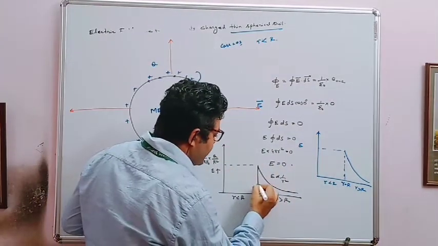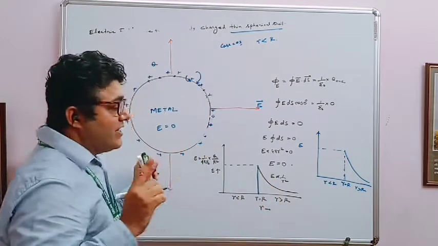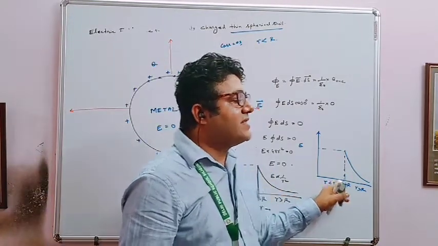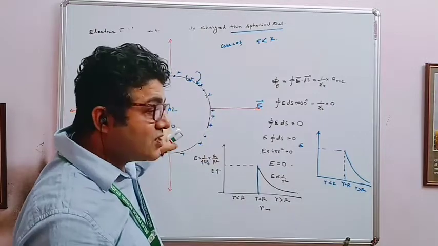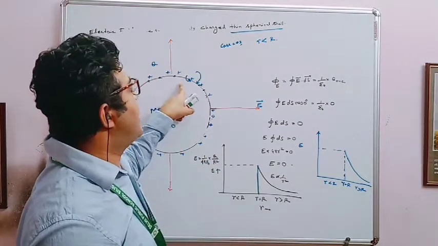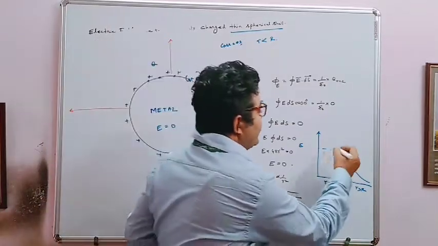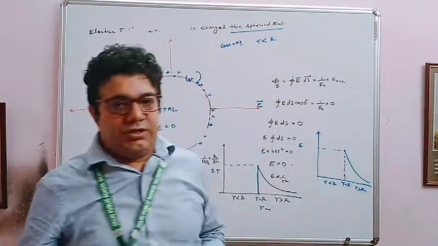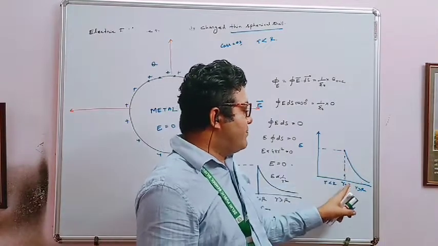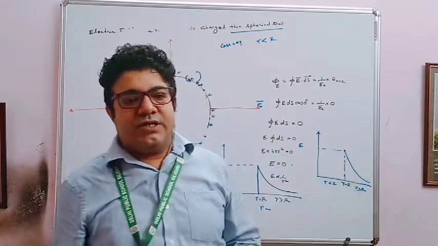So it is a continuous line. But here, as it is a metal and a solid, there is no charge inside, the charges are only on the outer side. So it starts from the outer edge, and you can say at this point it is discontinuous.